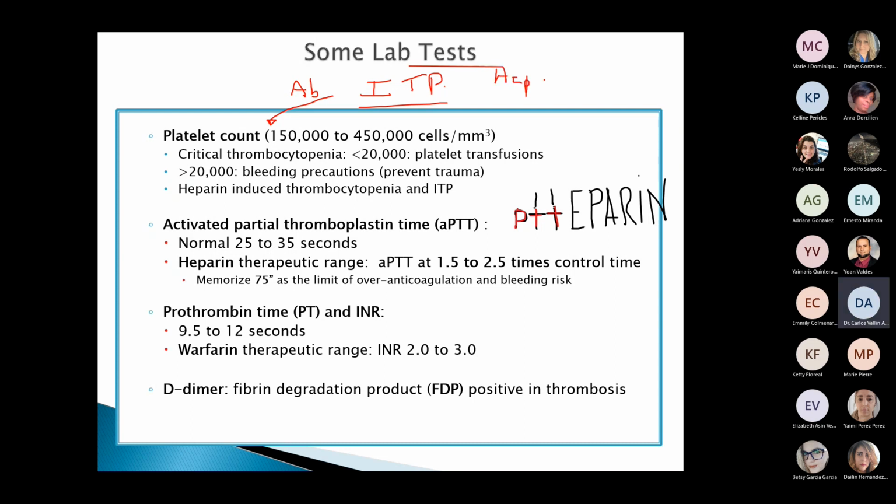Heparin in any form can produce in few people, it's not common, it's strange, but it's an idiosyncratic reaction, can produce antibodies that destroy the platelets. And it is called heparin-induced thrombocytopenia. And it's very severe, it's very, very critical.